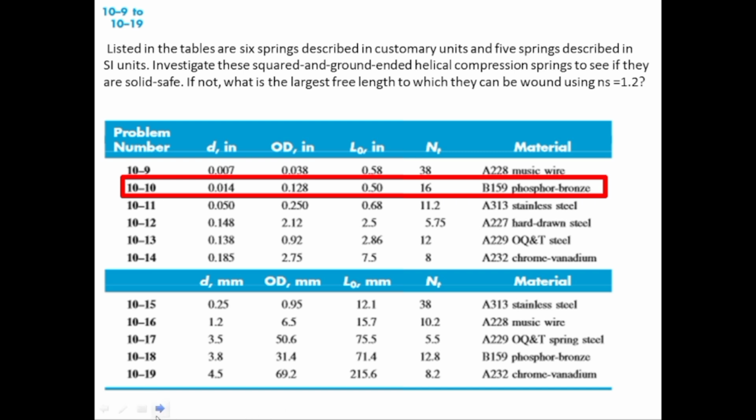First of all, let's find out the mean coil diameter of the spring. Let's take the top view of the spring. So this will be the internal diameter of the spring, and this one will be the external diameter of the spring. The distance from this point up to this point will be the mean coil diameter, and this is the wire diameter d. If you subtract this distance, which is equal to d, and this distance from the external diameter, that will give you the mean coil diameter.